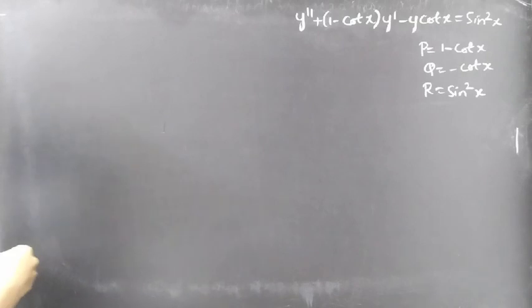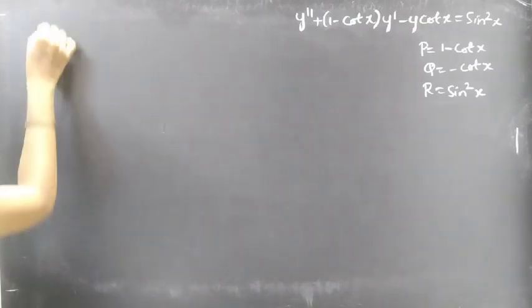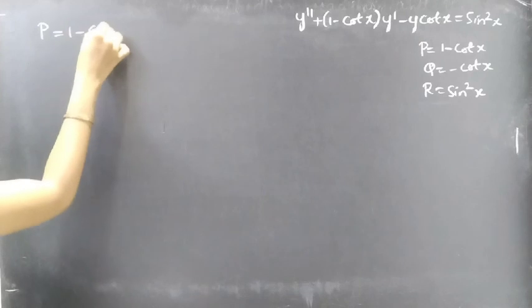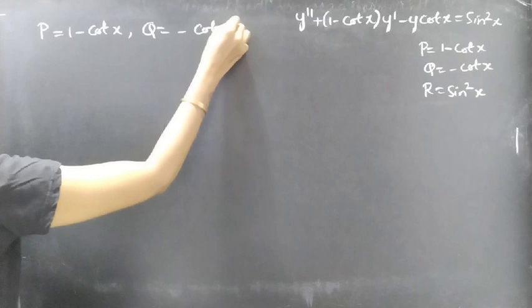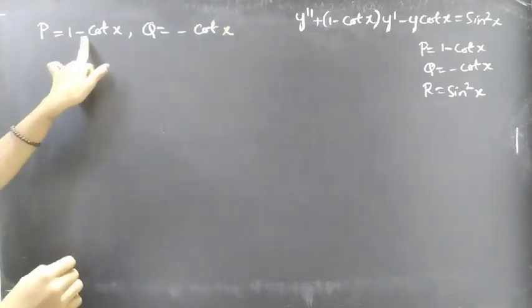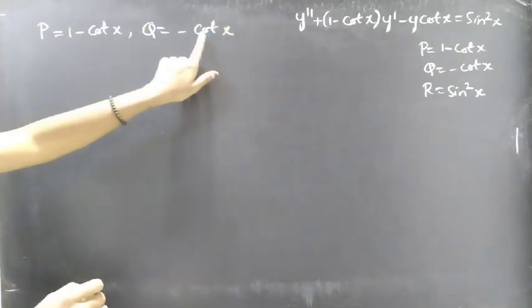So let's find a part of the CF of 1 using the inspection method. In order to find a part of the complementary function of 1, I only need p and q, where p = 1 - cot x and q = -cot x. If you observe, p is 1 - cot x and q is -cot x.